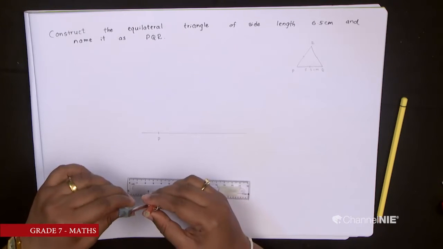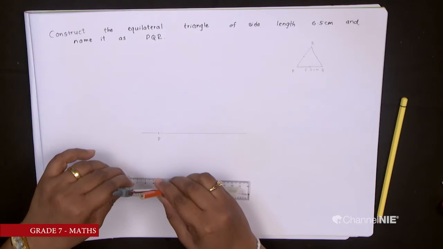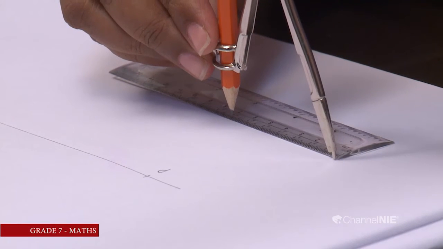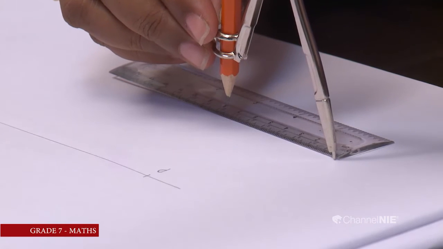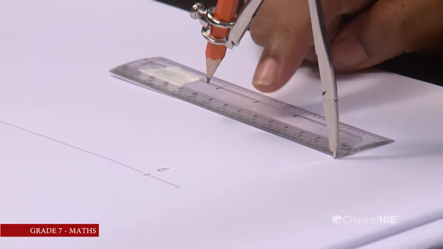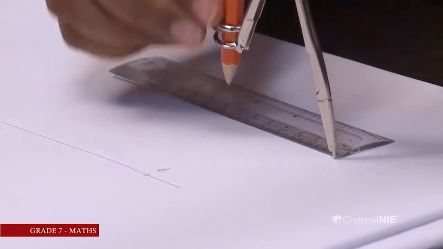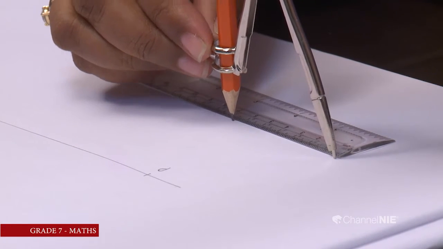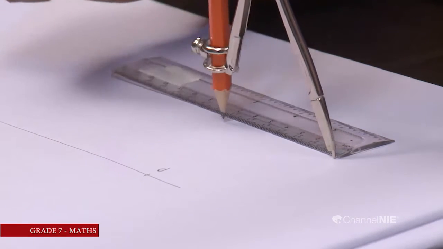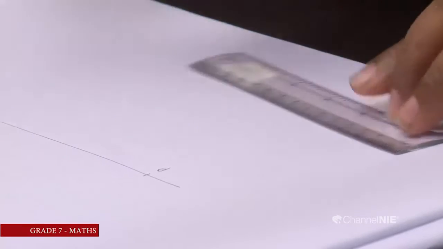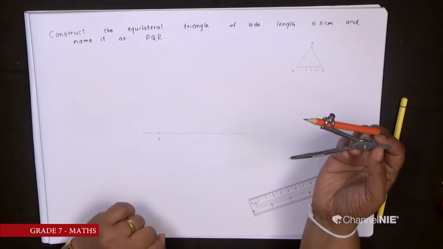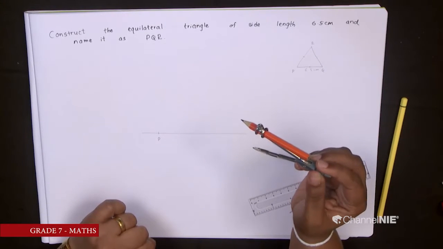So, I will place the tip of my pair of compasses on 0. Then place the tip of my pencil on 6.5 centimeters. So, we can see 6 here. Count 5 lines from that. Then you can find 6.5 centimeters. So, place the tip of your pencil on 6.5 centimeters. Right. Now, I have got 6.5 centimeters to my pair of compasses.